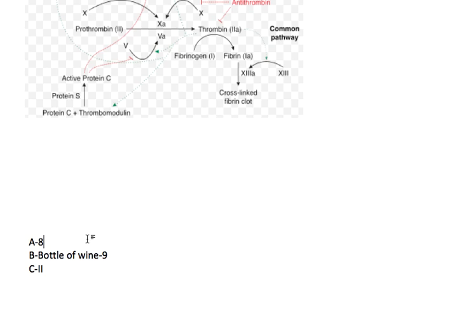Hemophilia C is a deficiency of factor 11. We remember hemophilia C as the red C, that reminds us of blood. And we also have this picture mnemonic, which reminds us of 2 lighthouses on the Red Sea, and that's factor 11. So hopefully those mnemonics are working for you.